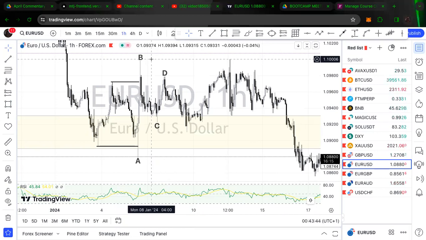Even though we finally still had the entry play out, since our D did not sweep our B, it would be a risky move to take. And that is exactly why we cannot take this trade.